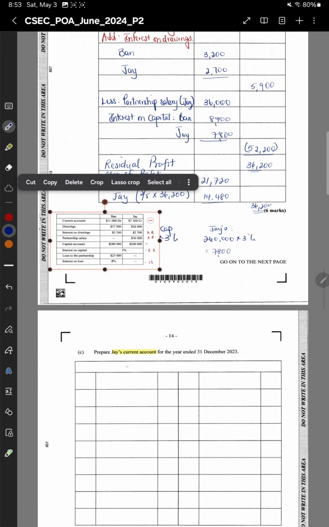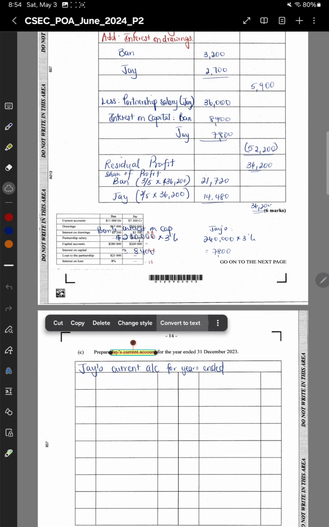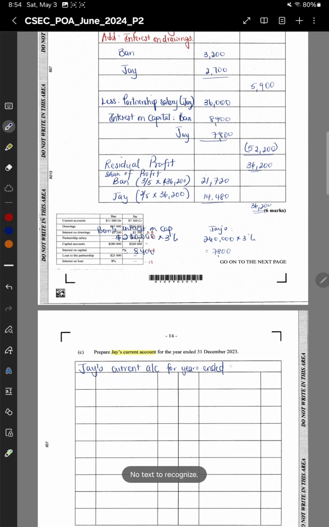So let's go, J's current account for year ended December 2023.